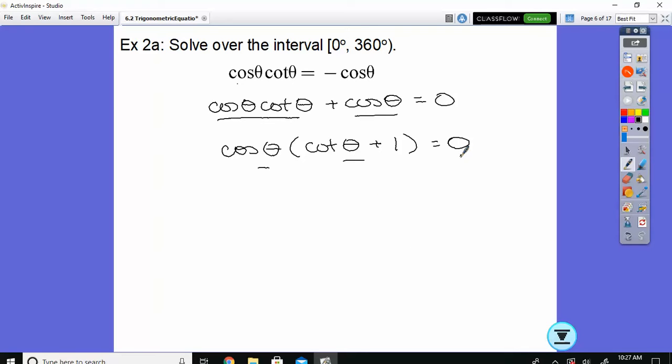So what do we do? We have to solve both of these. The first one, cosine theta equals 0. When is cosine equal to 0? Bless you.